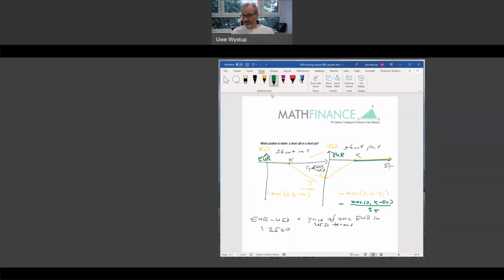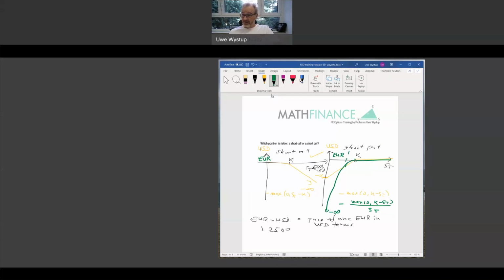So you see that this ratio actually blows up. And you know the function 1 over x from school, that's a hyperbola. So what we're going to see is a branch of a hyperbola crossing through wherever the 1 is. So it's like this. And then it goes down here, and it does, in fact, go to minus infinity for the short put. So it's not linear, it's a hyperbolic branch.